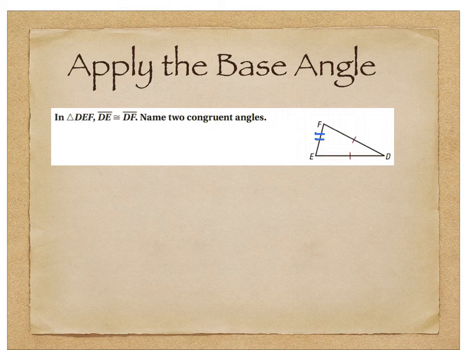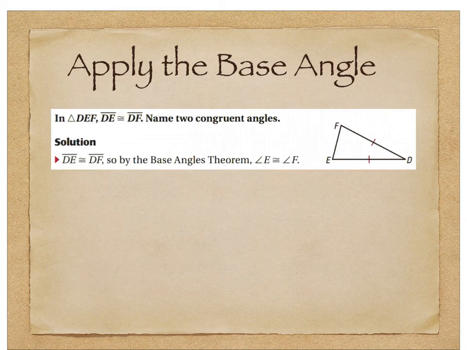If not, you can just rotate that and make that the bottom of the triangle. And then once you do that, I think you can see that the base angles are the ones that are adjacent to that base. So it's going to be this angle here and this angle here. So the base angles are angle E and angle F. Not too hard, right?